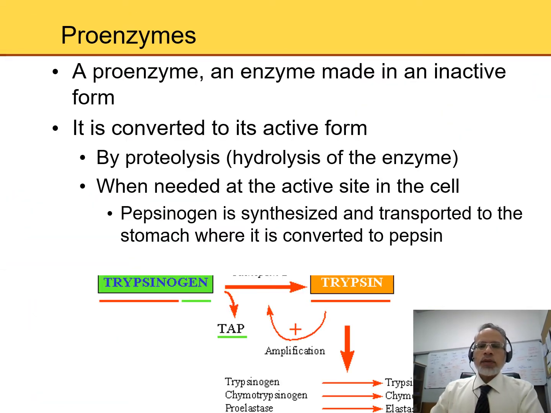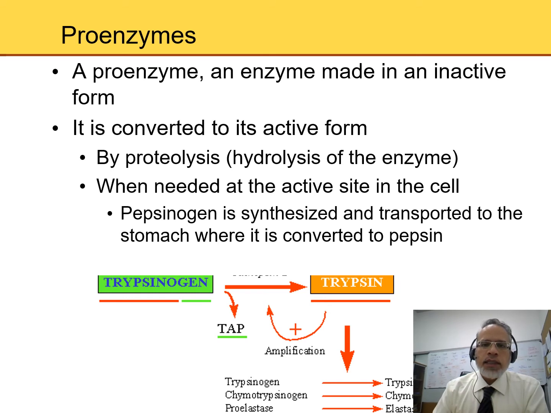Okay, so the third way of controlling enzyme activity. We've talked about allosteric regulation as the first way, we've talked about reversible covalent modification second, and the third one we'll talk about is what's called proteolytic cleavage of proteins, or conversion of, or cutting off a protein, clipping off part of the protein.